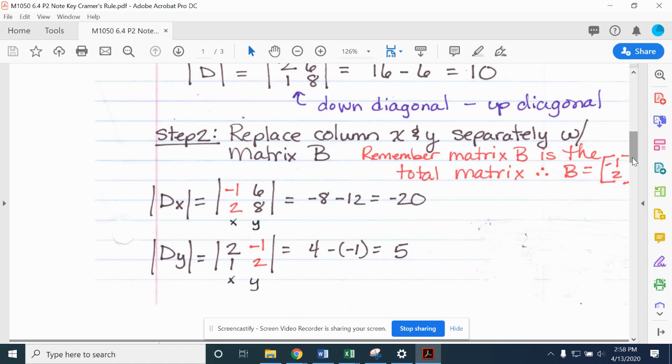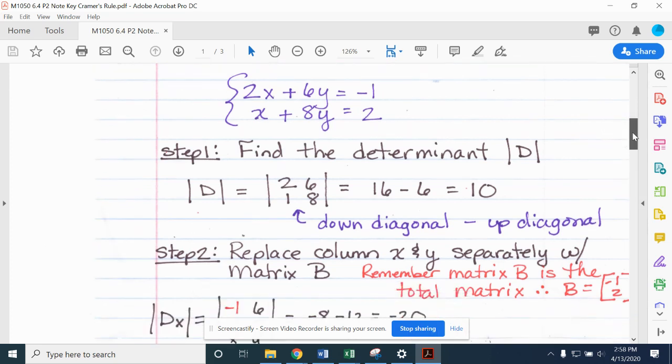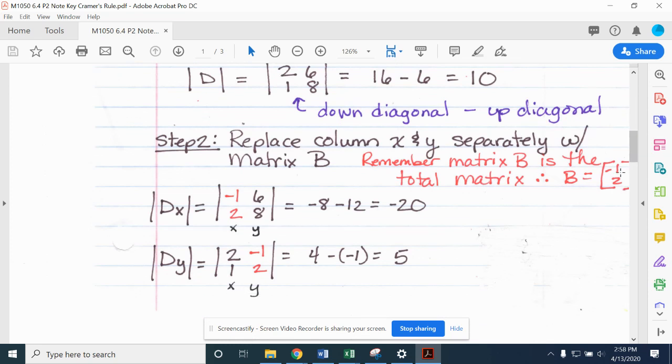Matrix B is really the total matrix, which is, let me just scroll back up here, the constants on the right-hand side of each of the equations. So my matrix B will equal its upper equation total of -1 and the second equation total of 2. Now, this matrix B replaces column X if we're finding the D of X determinant.